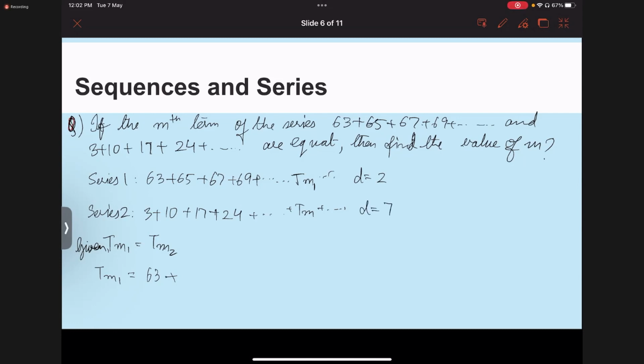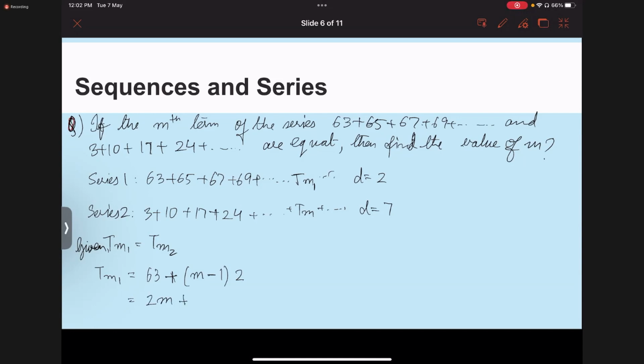We are not considering the n part as m1, so m is going to be our n. So m minus 1, our d is 2. So this will be 2m minus 2, 63 minus 2.